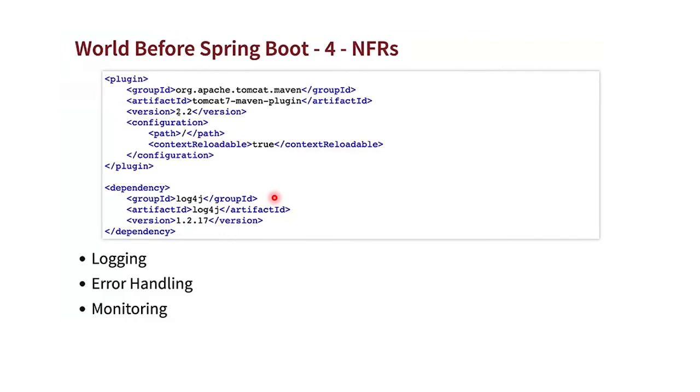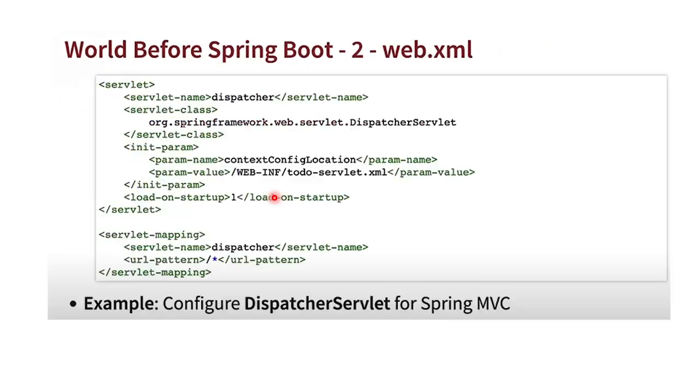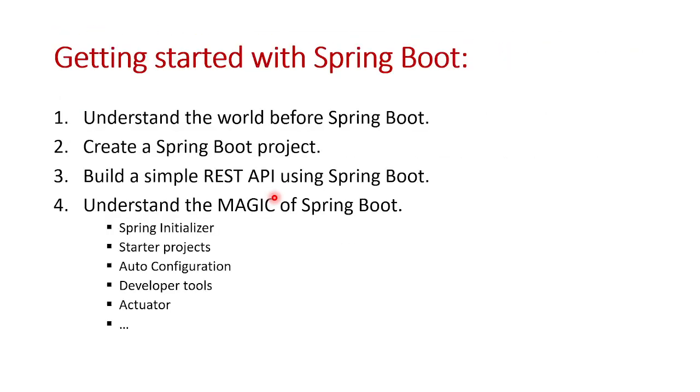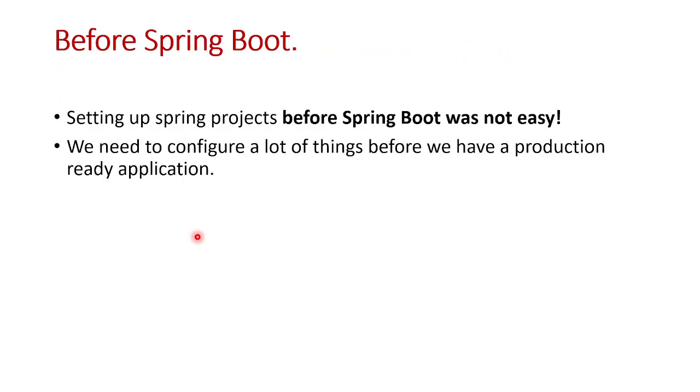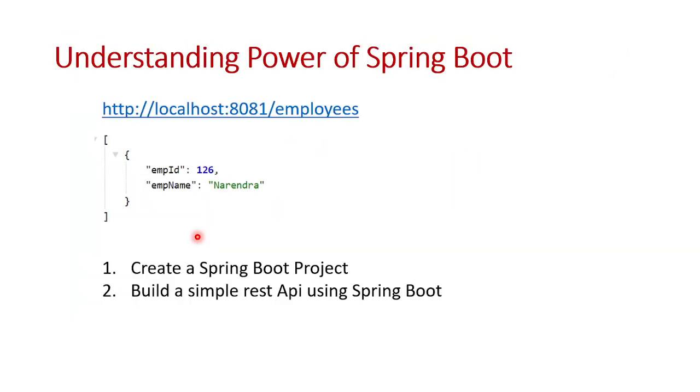I will create one application and explain all these features one by one. Let's first understand Spring Initializr, what it is actually doing. To understand it, I will create a simple REST application, and if you hit the URL, you will get employee information. Let's create it.